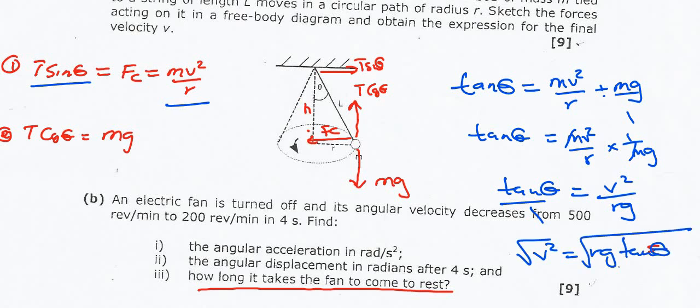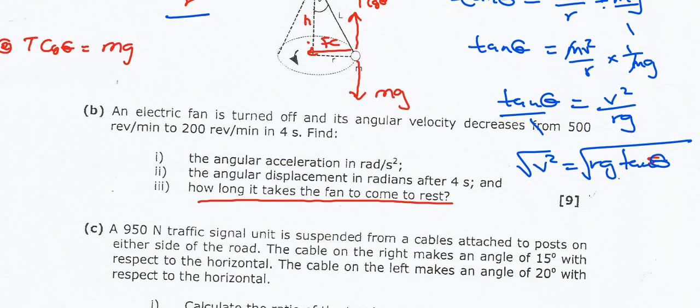So this is the expression for the velocity with which this thing is swinging. This is the simplified expression that they wanted. This is okay?